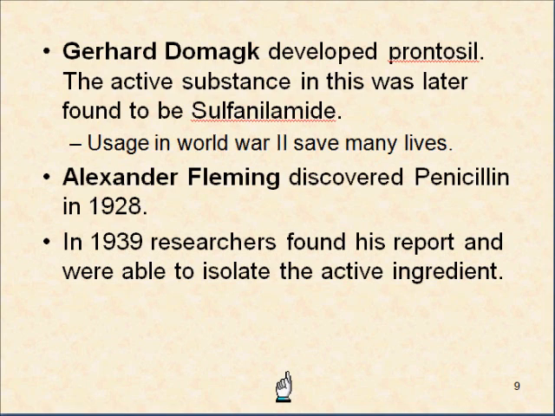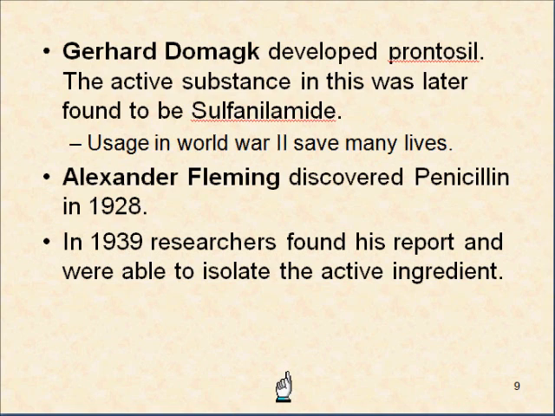Gerhard Domagk developed Prontosil. The active substance in this was later found to be the sulfonamides, sulfa drugs, and these were used in World War II and saved many lives. Alexander Fleming discovered penicillin in 1928. His research was actually kind of ignored for a little bit of time.